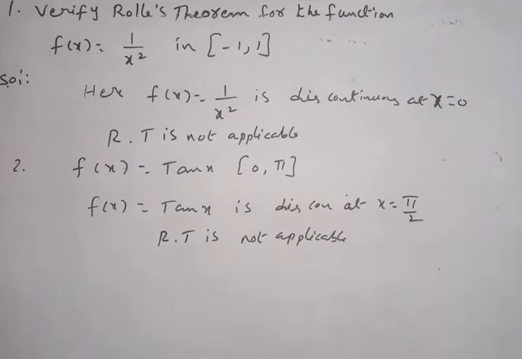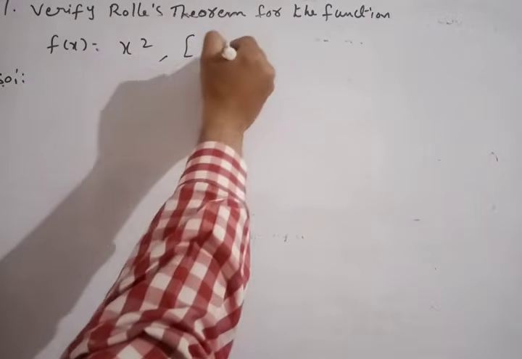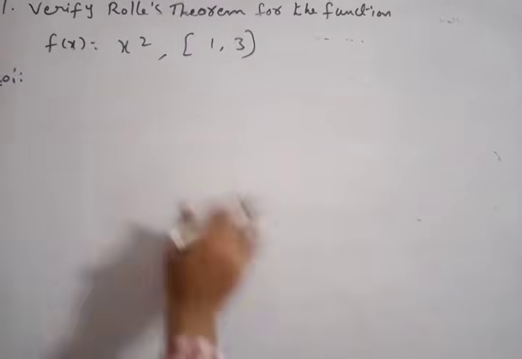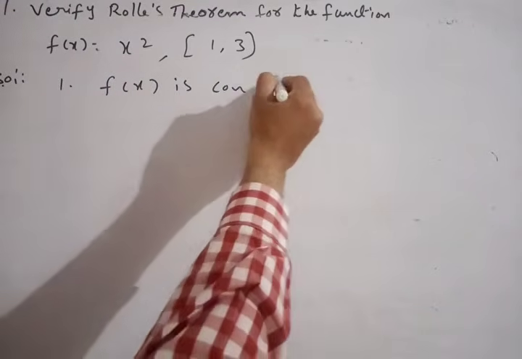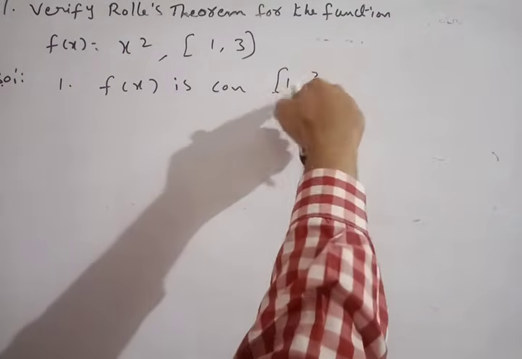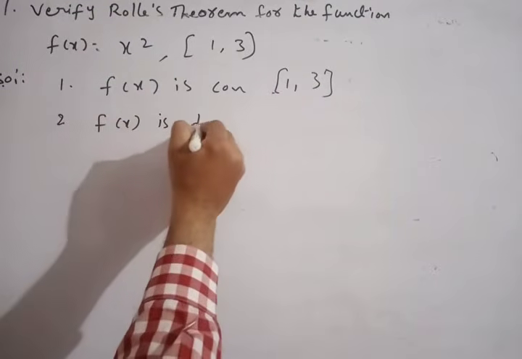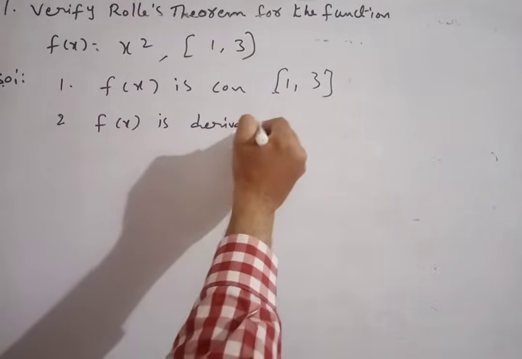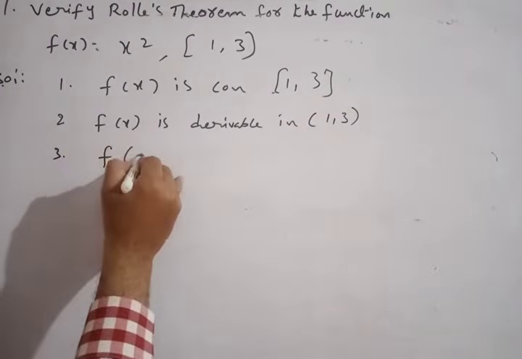Next problem, f of x is equal to x square in closed interval 1 comma 3. See here, first point, f of x is continuous in closed interval 1 comma 3. Then second point, f of x is derivable in open 1 comma 3. Then third point, what is f of a here?